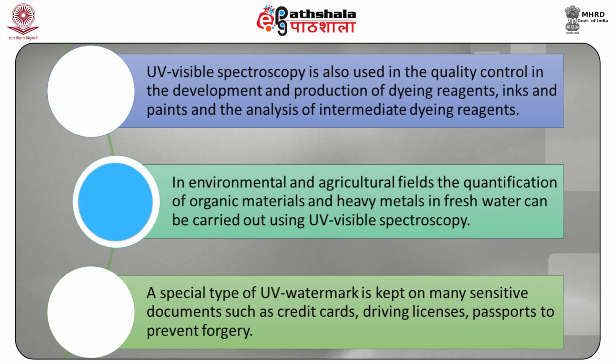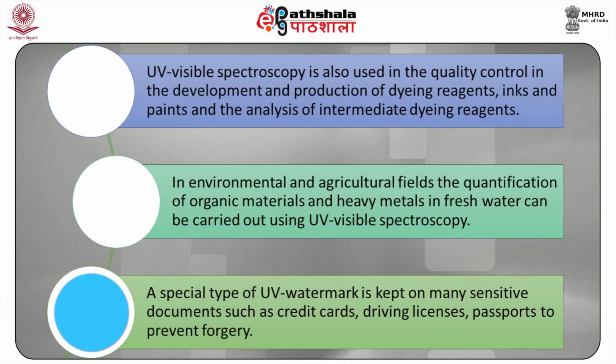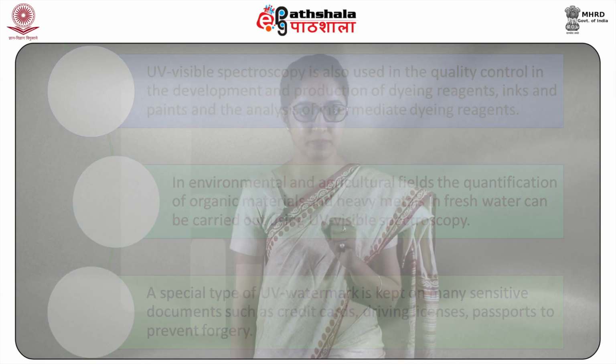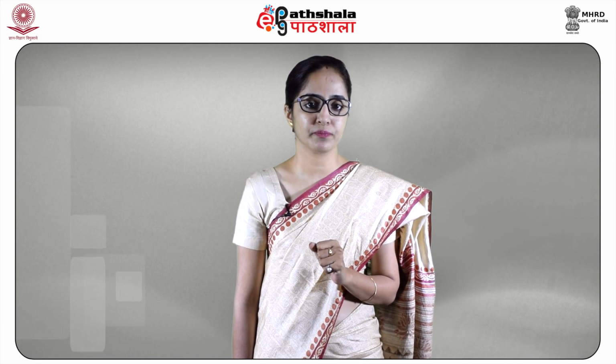In environmental and agriculture fields, the quantification of organic materials and heavy metals in fresh water can be carried out using UV visible spectroscopy. A special type of UV watermark is kept on many sensitive documents such as credit cards, driving licenses and passports to prevent forgery. The watermark can only be seen in UV light.